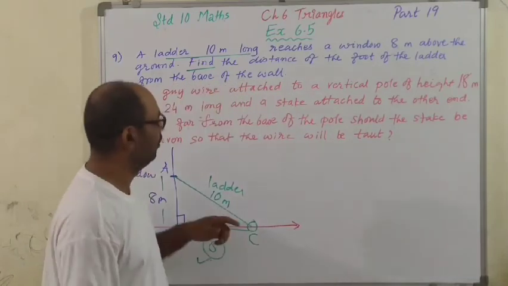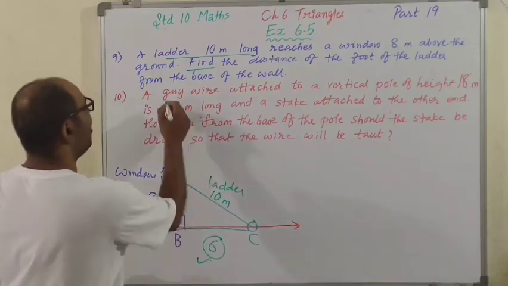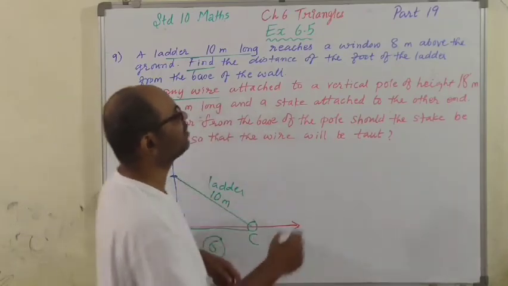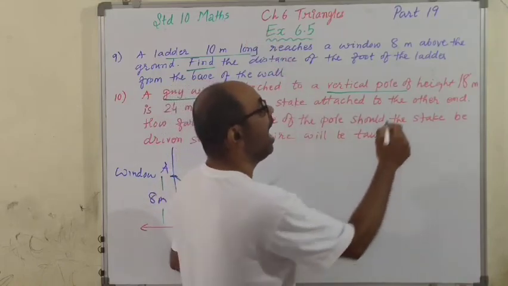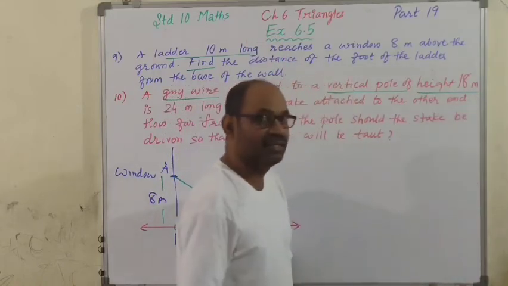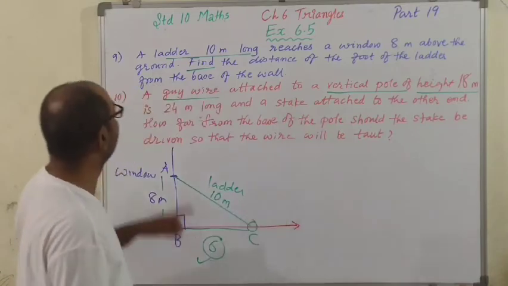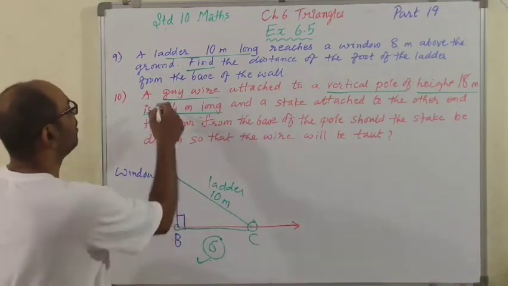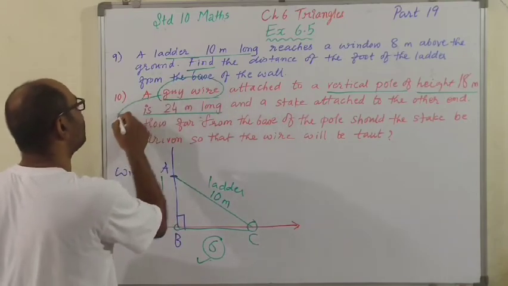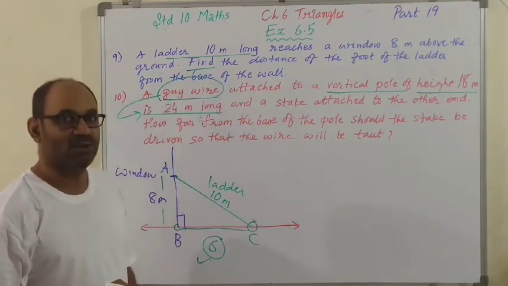Here, the guy wire is attached to a vertical pole at a height of 18 meters, and the guy wire is 20 meter long.